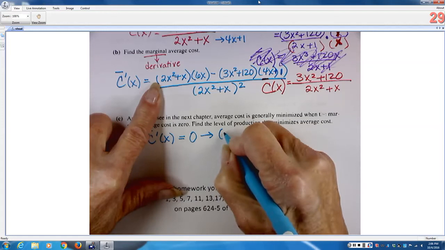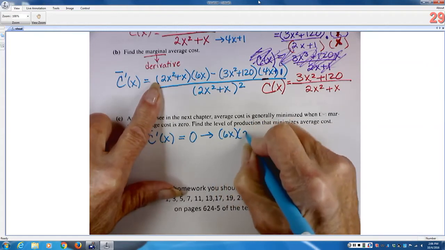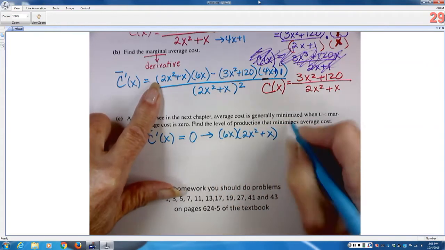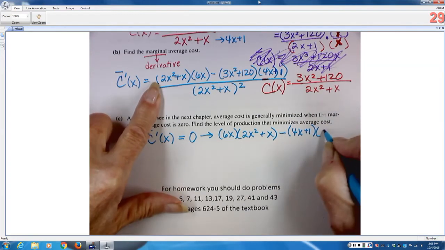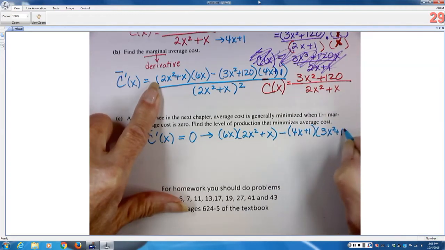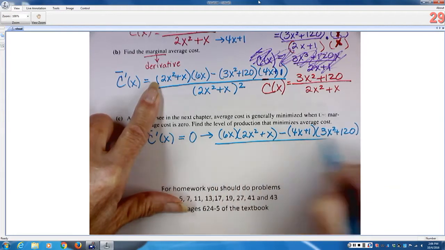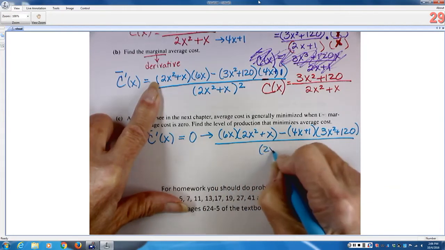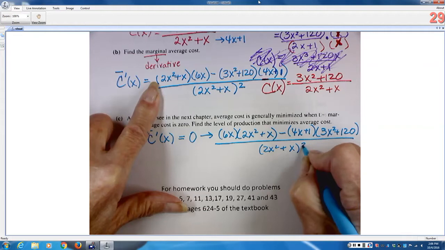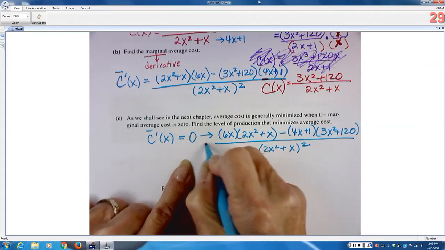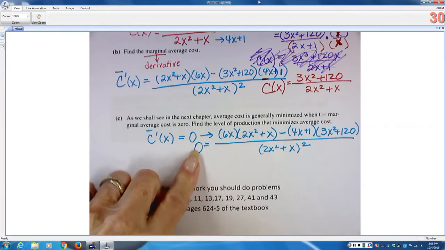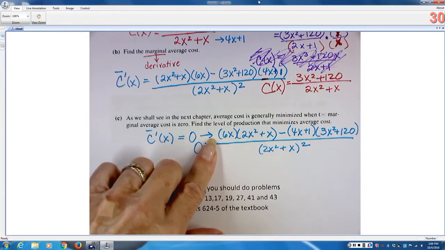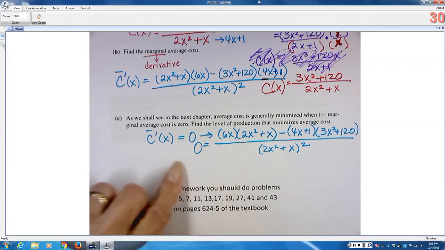I'll put the 6x in front, 2x squared plus x minus 4x plus 1 times 3x squared plus 120 over 2x squared plus x squared. And I want to know, where is that equal to 0? And the only way this is going to be equal to 0 is if the numerator is equal to 0.